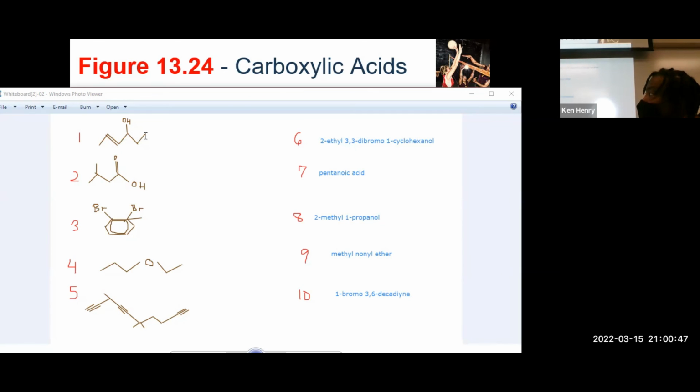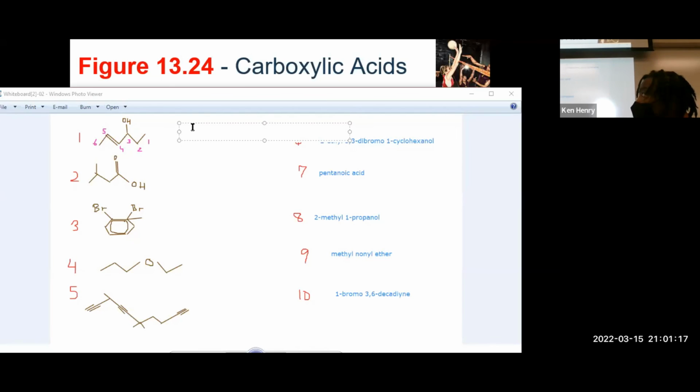Okay, so we have 1, 2, 3, 4, 5, 6. So we can name this one. There are 2 ways that you can name it.